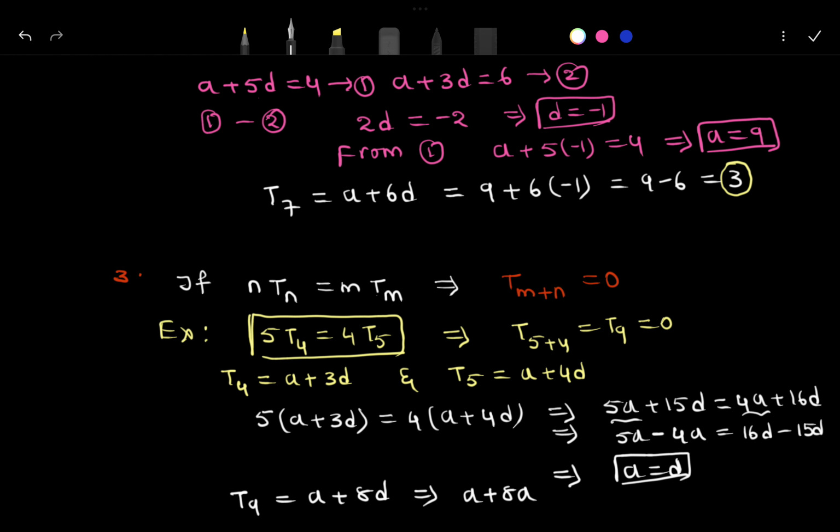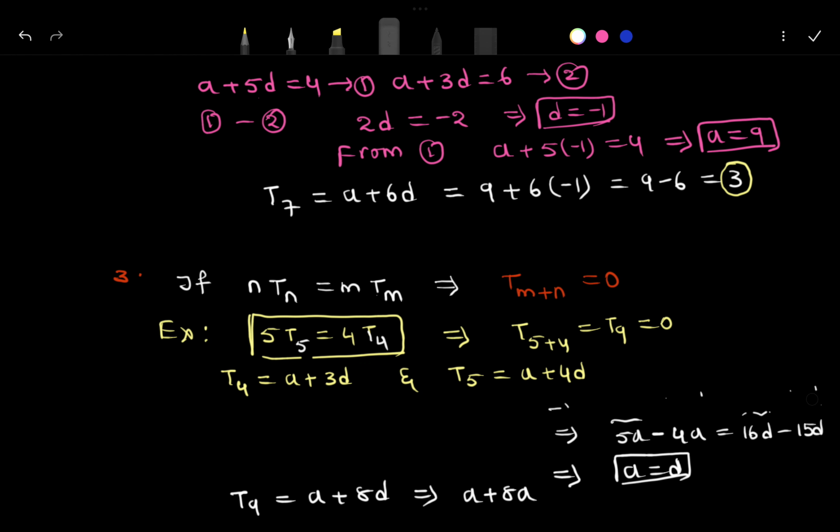So here also you will replace, this one will be 5 into T5 is equal to 4 into T4. Now again you cross check these values.